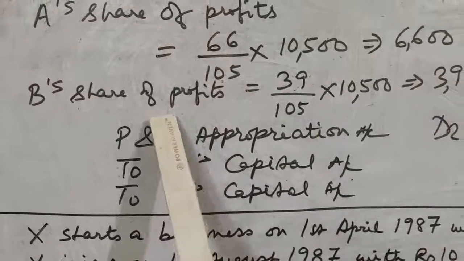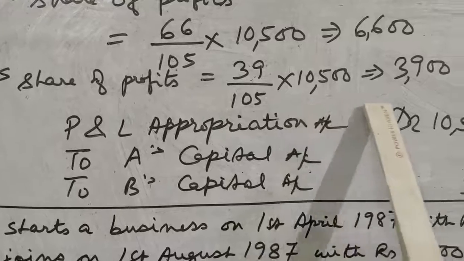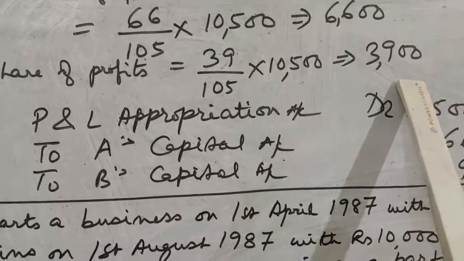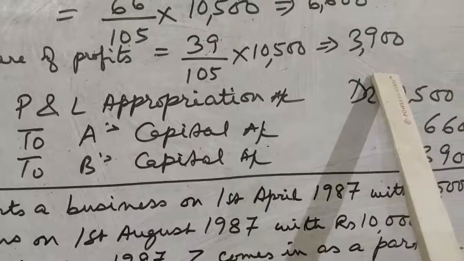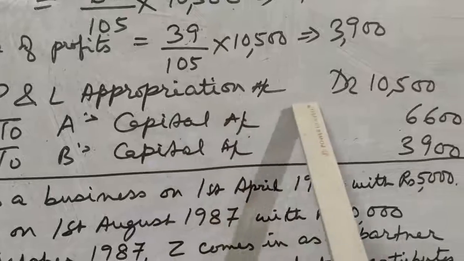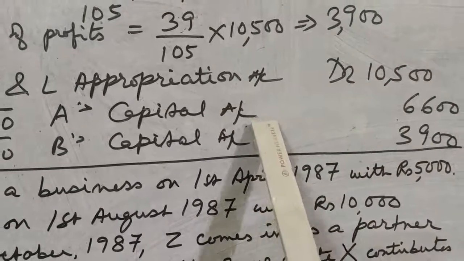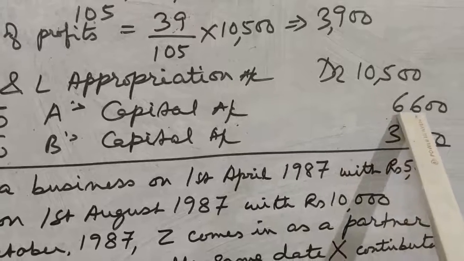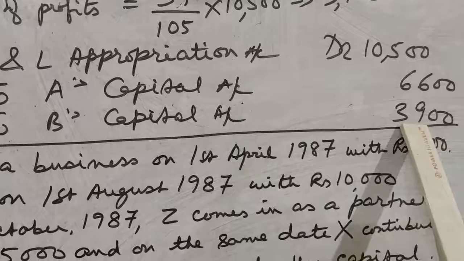And B's share of profits is 39 by 105 into 10,500. That is 3,900. Now, the journal entry that will be passed for distributing the profits between A and B is profit and loss appropriation account debit 10,500, to A's capital account 6,600 and to B's capital account 3,900.